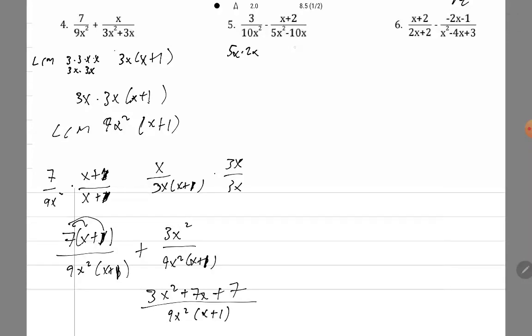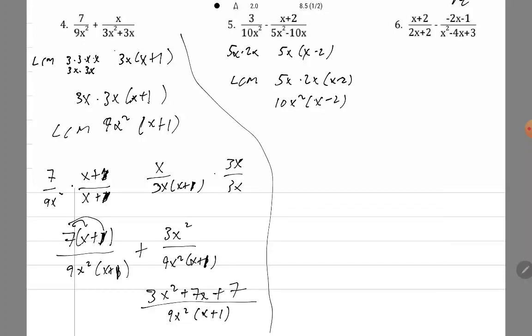And then on the bottom of the right, I'm going to pull out a 5x. So this will be x minus 2. So they both share 5x. And then we're missing a 2x on the left, and we're missing an x minus 2 on the right. So my lowest common multiple is 10x squared, x minus 2.